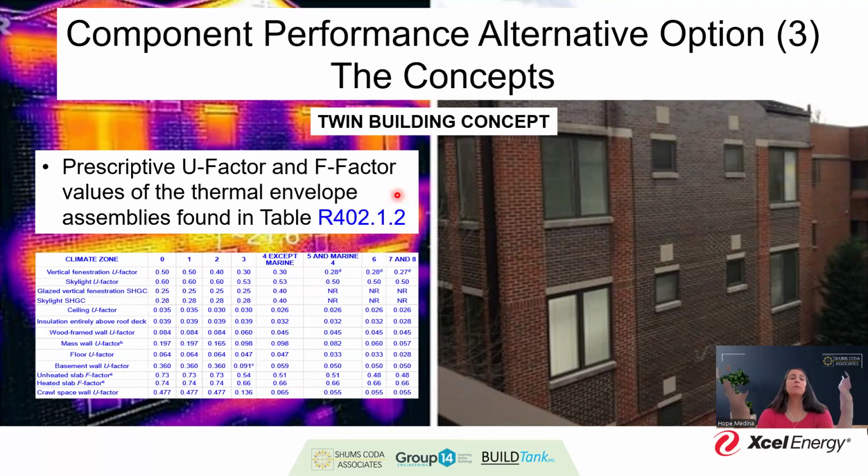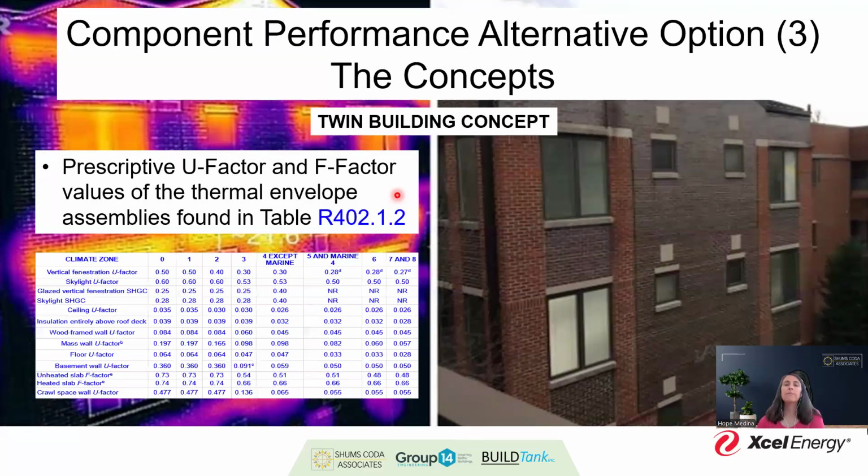Now, just to understand the difference between the U factor and F factor, U factor is the heat transfer going through an assembly, right? So from this side to this side, what is it? The F factor is actually dealing with the slab on grade. So instead of a U factor, you would get an F factor for that. And that's what the table refers to.